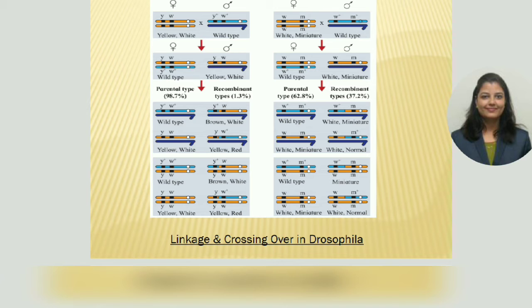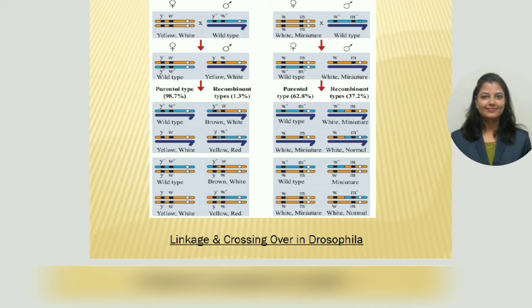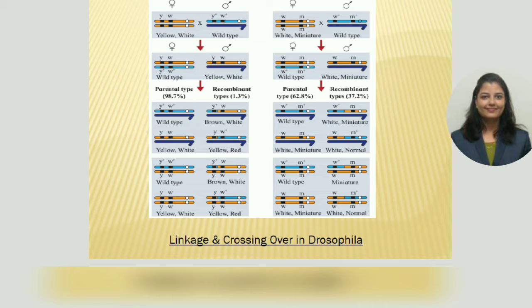When they are crossed with each other, in the F1 generation hybrids are formed, wild type, and in the F2 generation you can see that the parental type is 98.7% and the recombinant type is 1.3%.